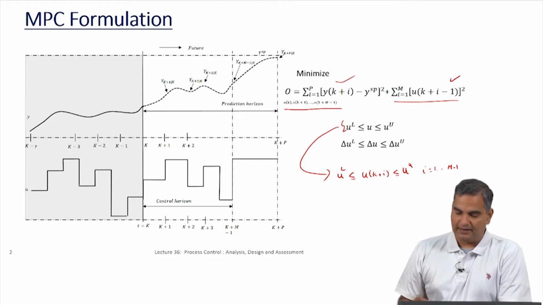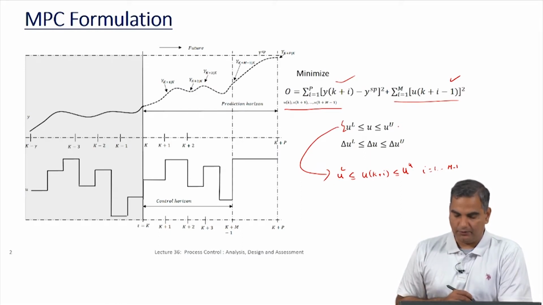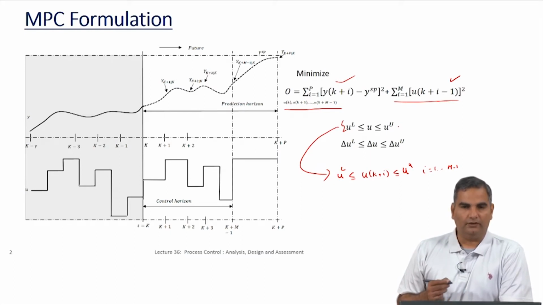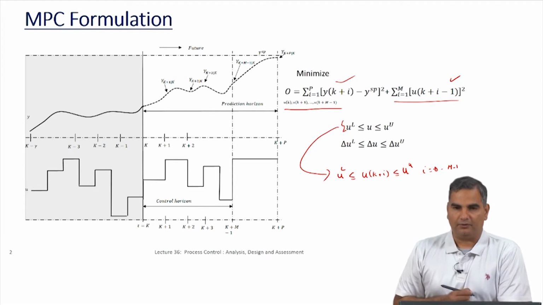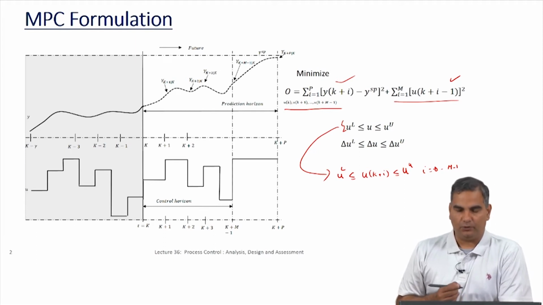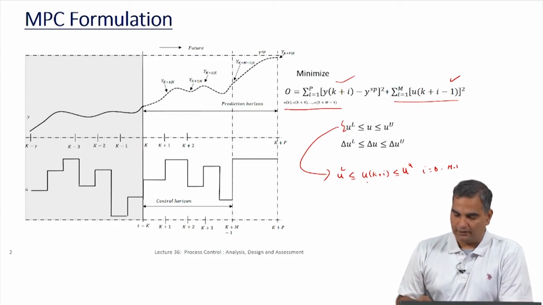Basically, this constraint is generically written for u, but since at every time instant we are talking about the same control input, all of the variables u k, u k plus 1 all the way up to u k plus m minus 1 have to follow the same upper and lower bound. That is what is written here.